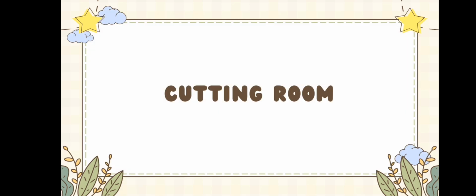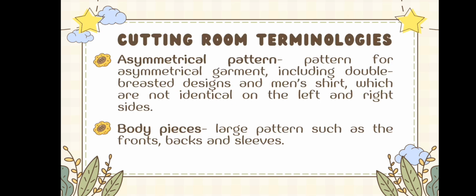So, the cutting room is where the fabric is prepared and cut into various components that will later be assembled into a finished garment. There are 27 cutting room terminologies. First is asymmetrical pattern.